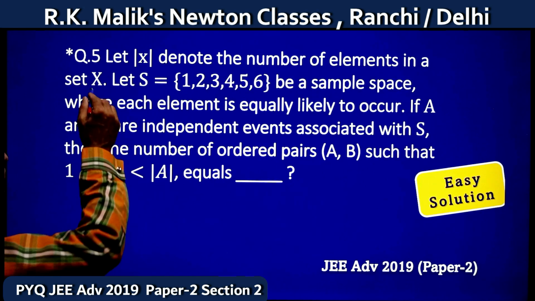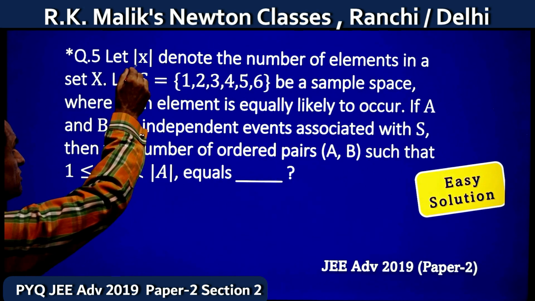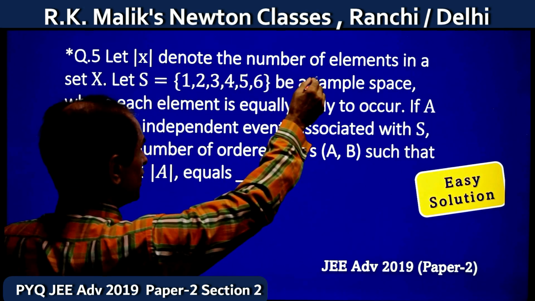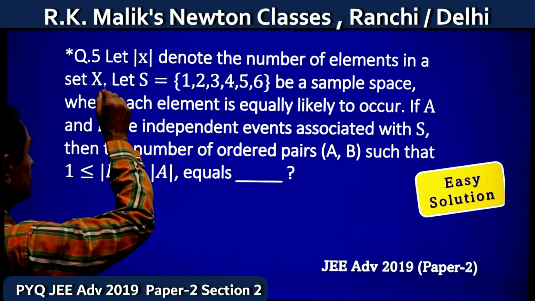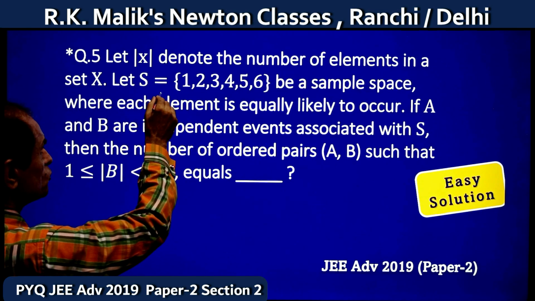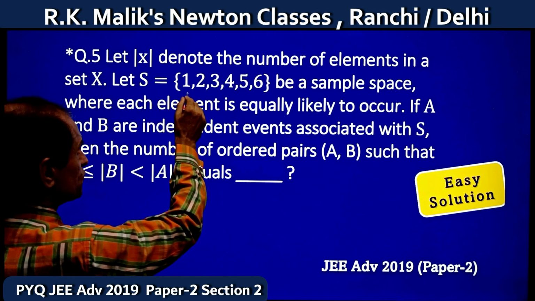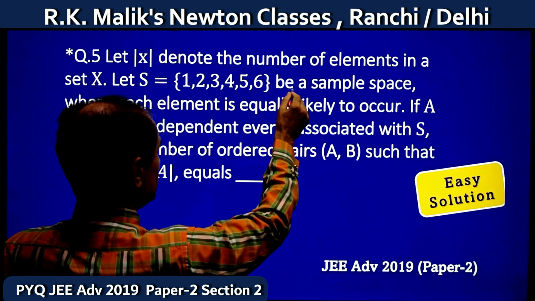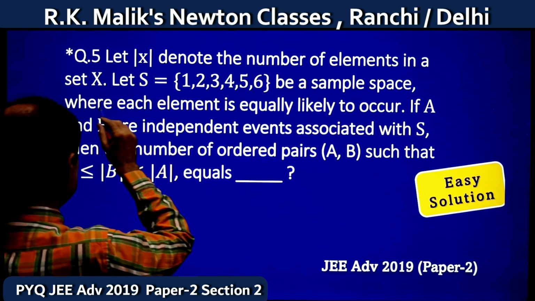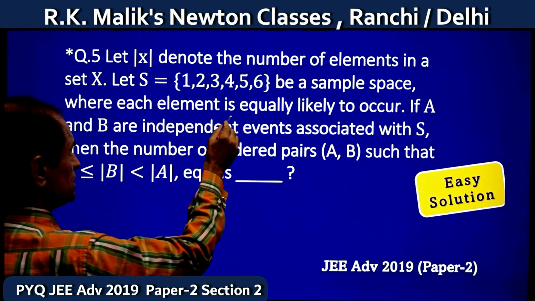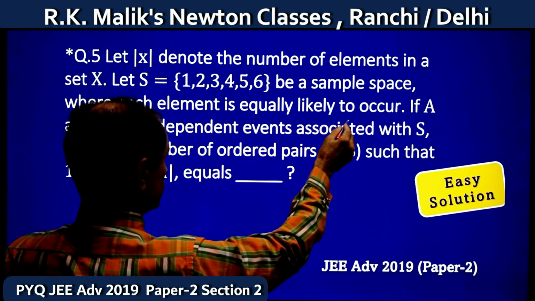In this question it is given that let mod X denote the number of elements in a set X. Let S equal to the set containing elements 1, 2, 3, 4, 5, 6 be a sample space where each element is equally likely to occur.